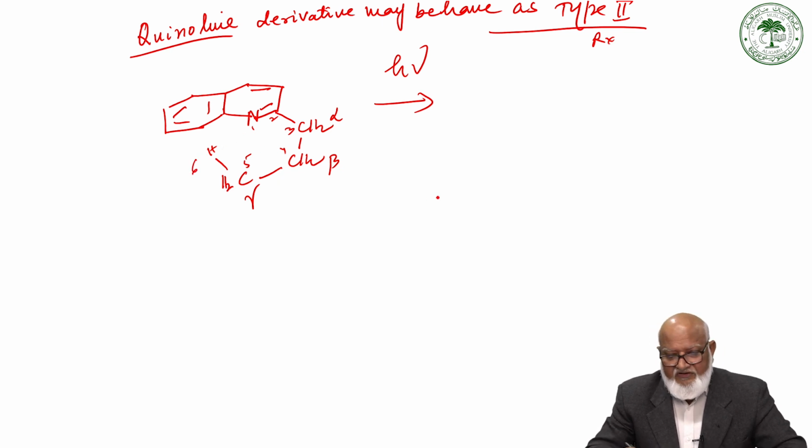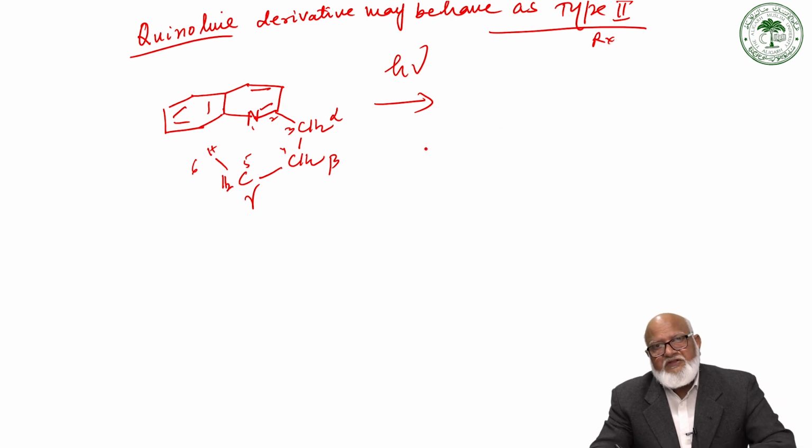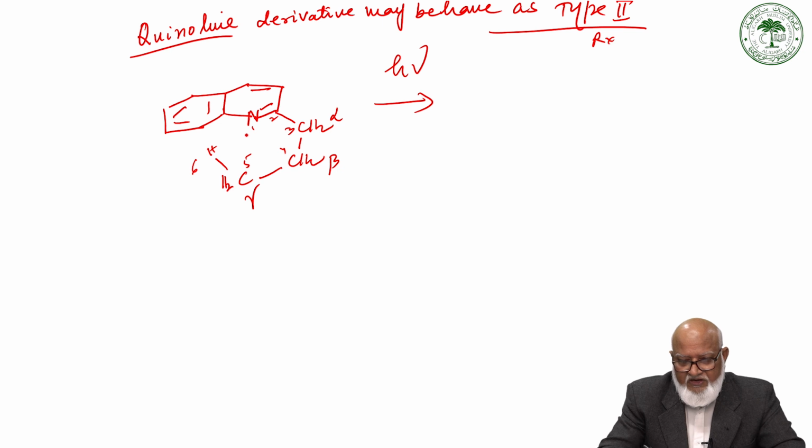So there is a 6-member transition state, similar to the type of reaction we have observed in the case of carbonyl compounds, which abstract the gamma hydrogen. Here this nitrogen also behaves as a type 2 reaction.